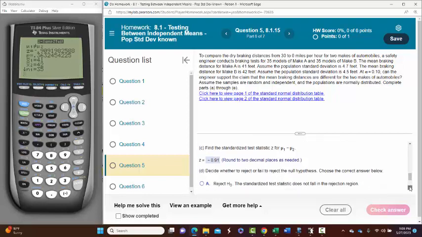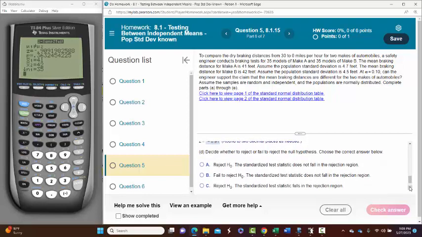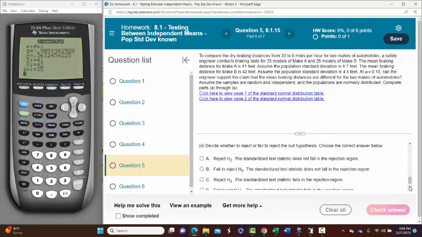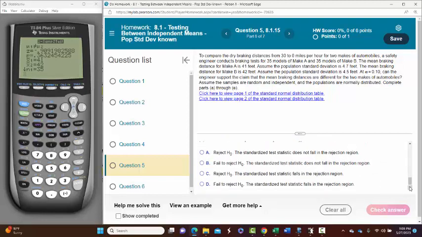But even though it didn't ask for the p-value in this problem, we can use the p-value. So you see the p-value is 0.363 whatever. That's way bigger than 0.10. So p-value greater than alpha is fail to reject.